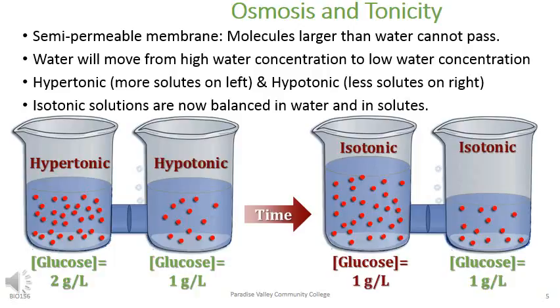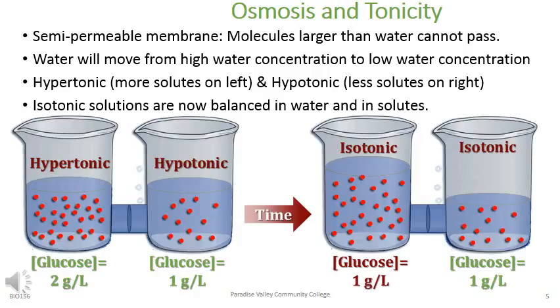This slide's going to illustrate the idea of osmosis and tonicity. So remember, we have the semi-permeable membrane that's straight in the middle between the two cups, both on the left and the right, and molecules that are too large cannot pass through the semi-permeable membrane, but water can. Water will move from a high concentration of water to a low concentration of water.